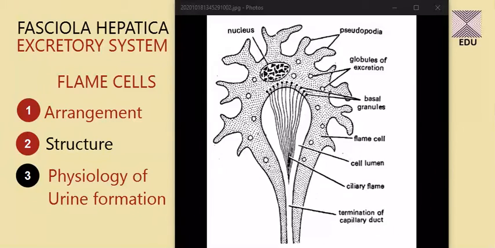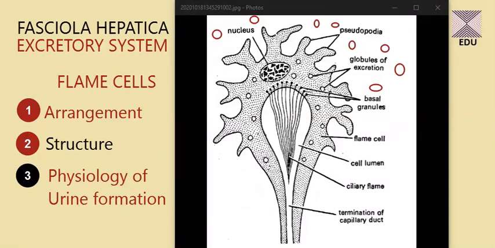So these are the excretory wastes which are present around the flame cells, and these wastes have to be excreted out in the urine.